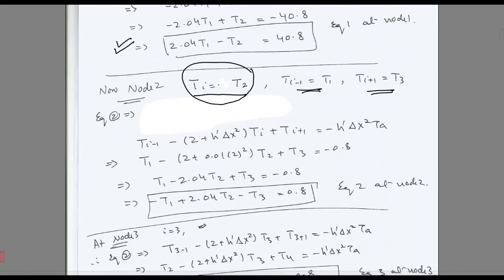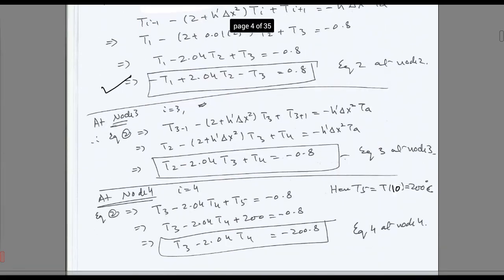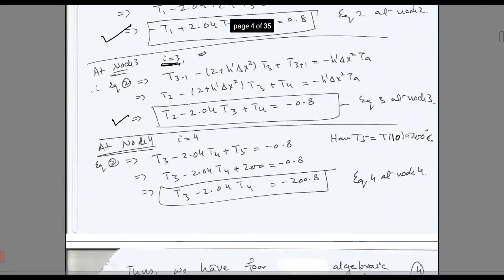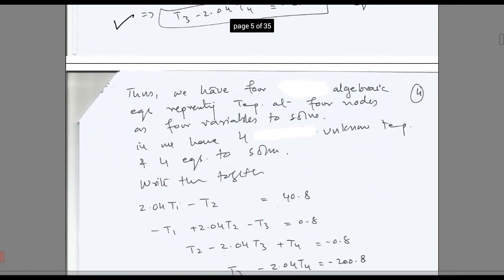In a similar way, we will rewrite the equation at node 2, and the equation is arranged like this. Similarly, at node 3, i equals 3, we have this equation, and at node 4 we have the fourth equation. So thus we have 4.